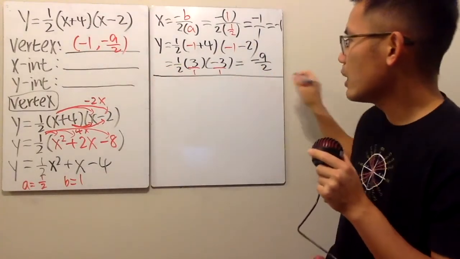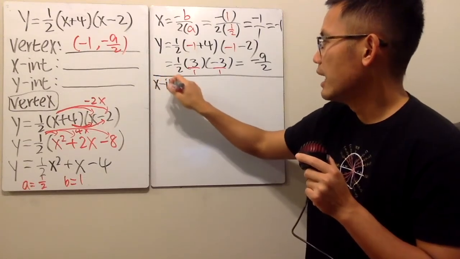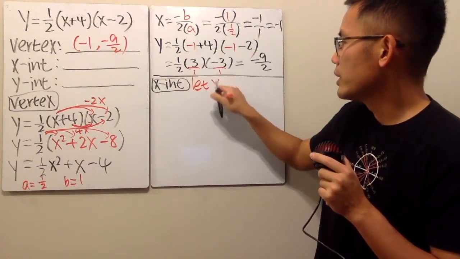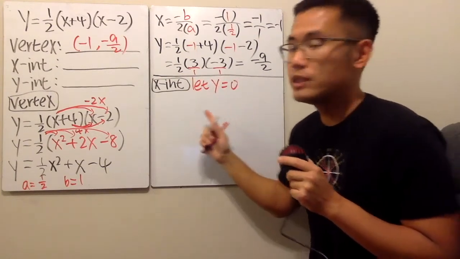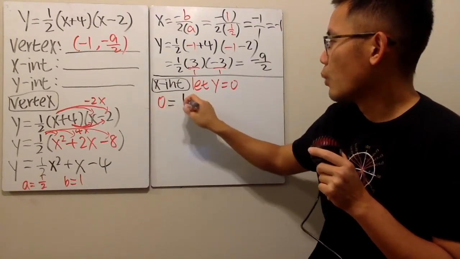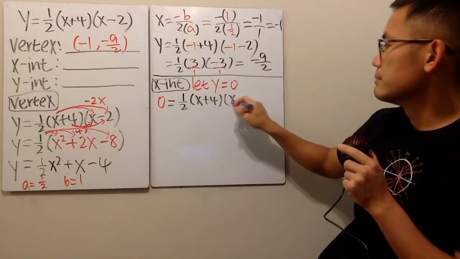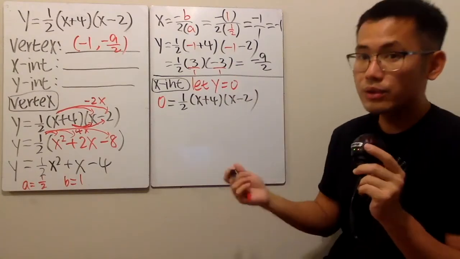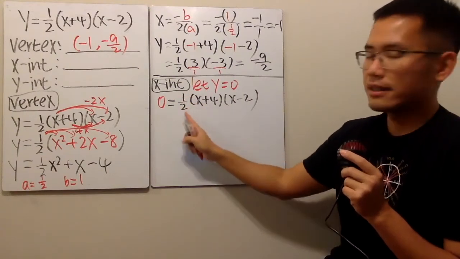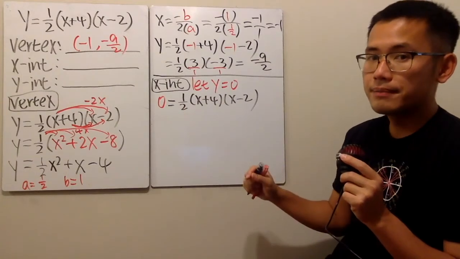All right, now for the next part, we are going to find the x-intercept. And this is not so bad because, remember, we let y be 0. So we have 0 equals 1/2 times (x plus 4) times (x minus 2), and we are going to solve for x. Have a look. We have a number factor right here, 1/2. It does not have any x, so you don't have to worry about that.